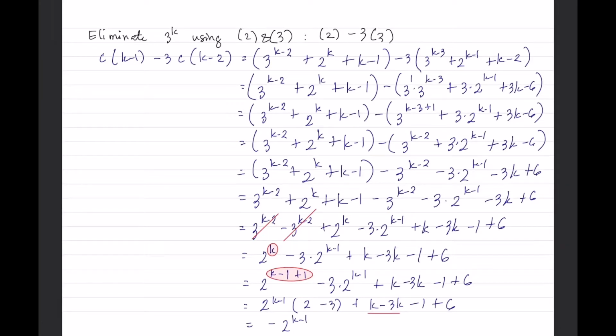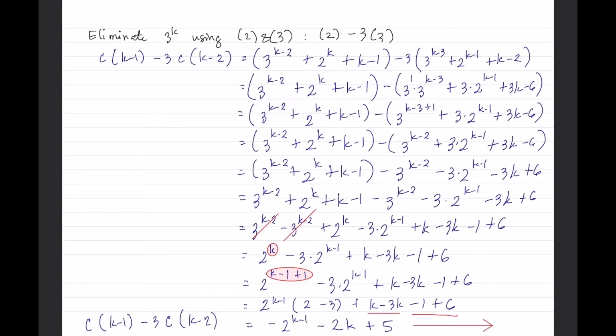So we'll use equation 4 and 5 to eliminate the term 2 raised to k in the next phase. Okay, so I hope everything is clear up to this point, so that we can proceed to the next step.